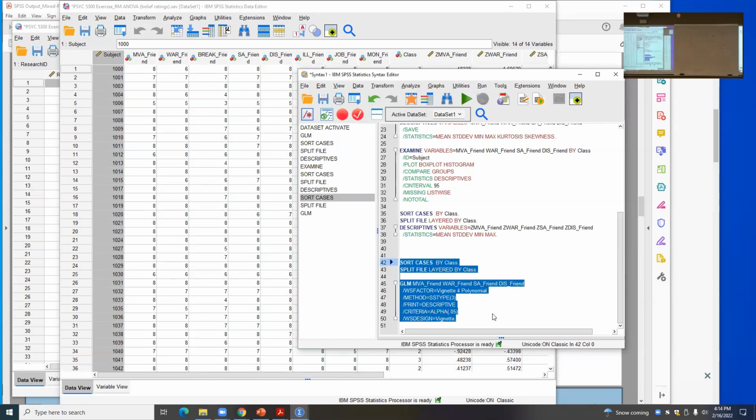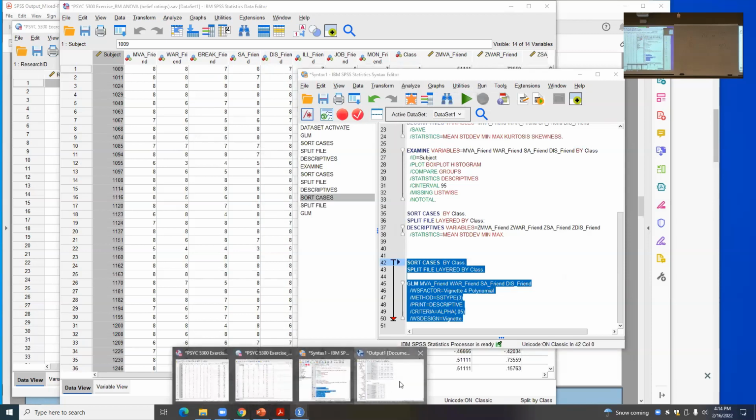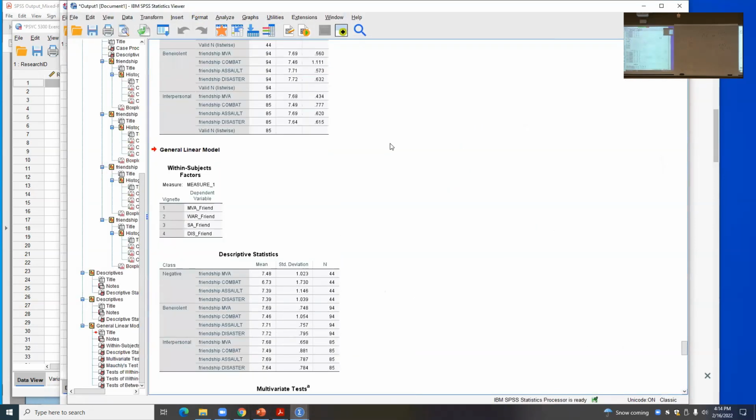Emily? Yep, going to look at each one of my classes, and then within each class, what analyses am I requesting? Well, I'm going to get there. I'm just going to run a one-way repeated measures ANOVA at each level of my grouping variable.